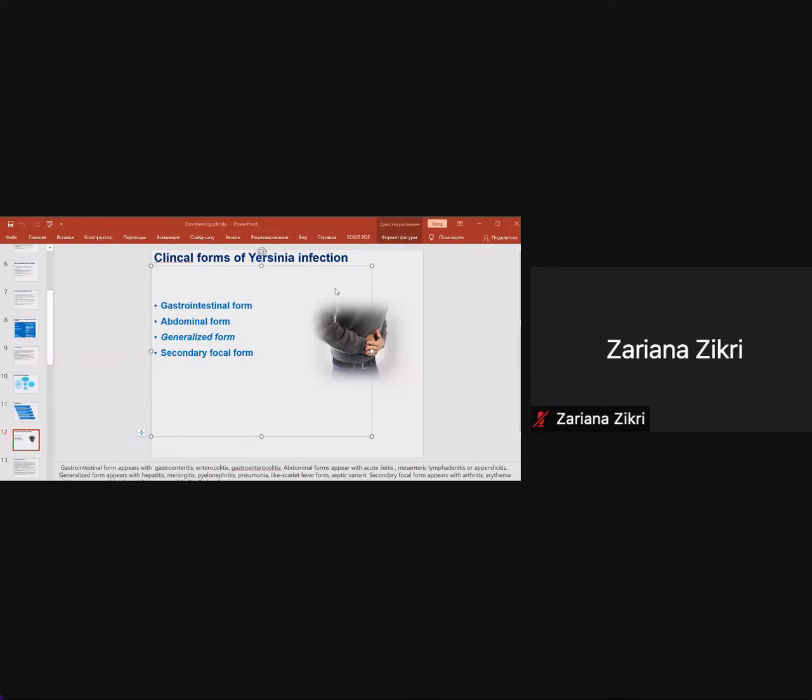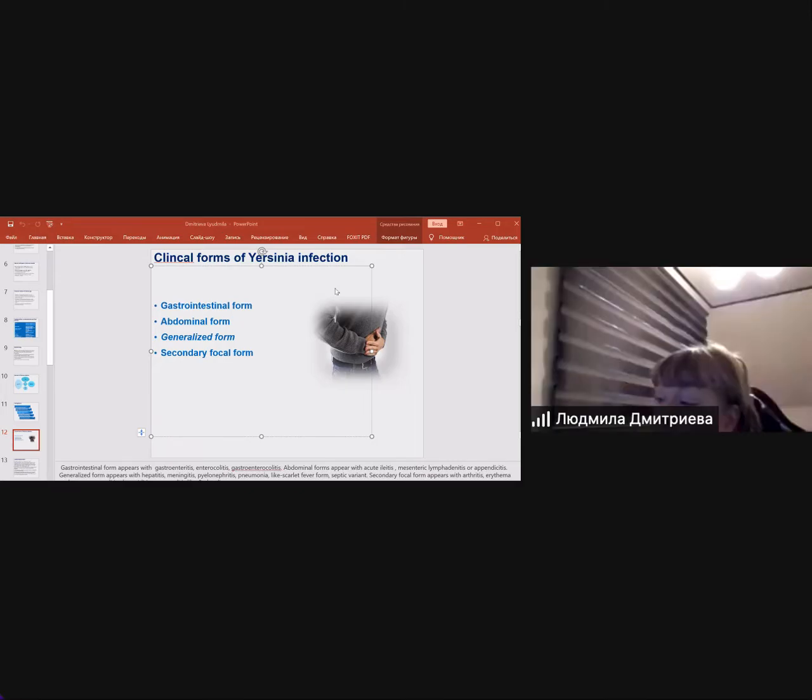We know about several clinical variants of this gastrointestinal form, and you can write gastroenteritis, enterocolitis, and gastroenterocolitis.